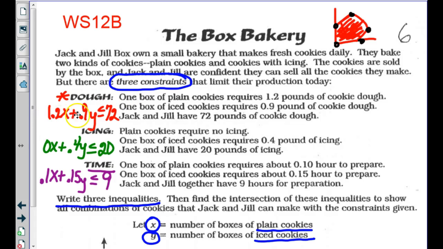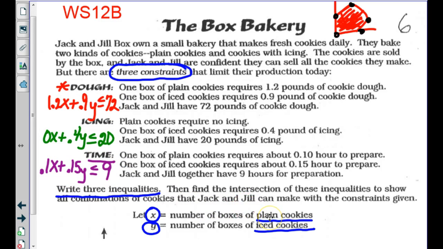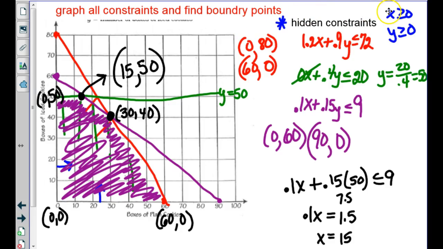We said we only had so much dough, we only had so much icing, and we only had so much time. And every time we made a box of plain cookies, it took a certain amount of each of those things. And every time we made a box of iced cookies, it took a certain amount of each of those things. Then we graphed those inequalities along with discussing the fact that things couldn't be negative.